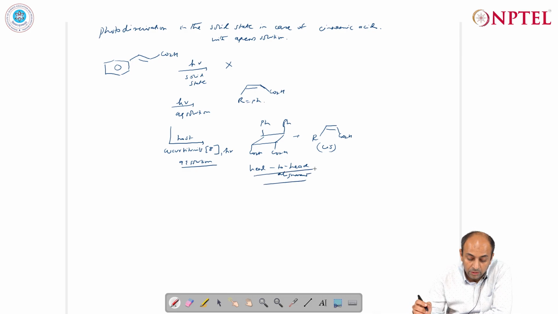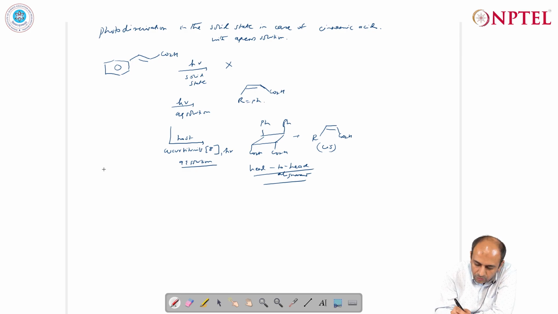So cucurbiturils give the desired molecular template by which the cinnamic acids are able to orient themselves inside the cucurbituril, which functions like a supramolecular barrel, which provides the necessary confinement to the molecules, and they are able to come close to each other, and the dimerization proceeds in a facile way.